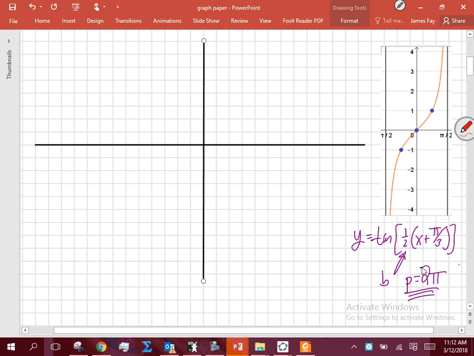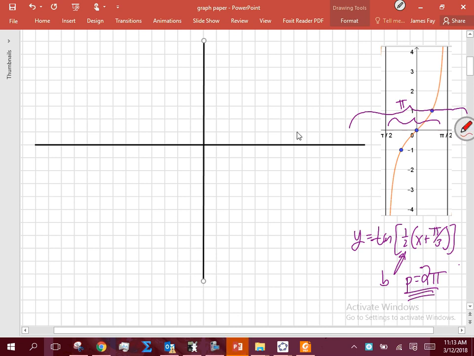Right. Now, think about how that kind of sets things up for us. If this was our parent function and it had a period of pi, now we're going to have a period that's twice as big, right? Does that make sense? Okay.